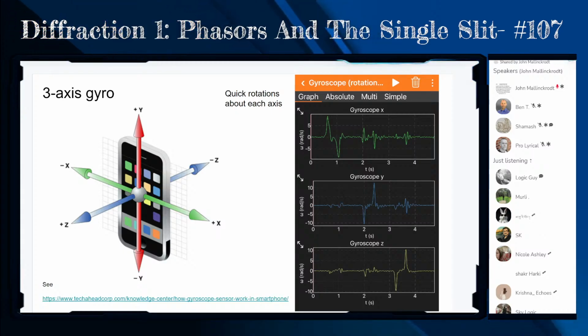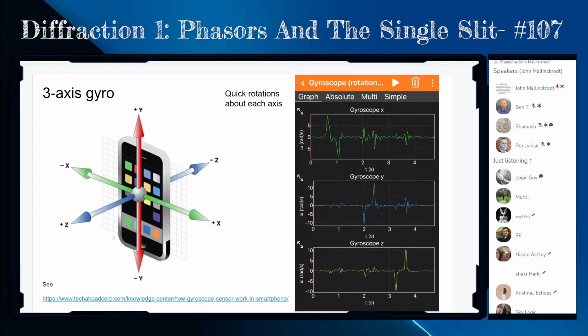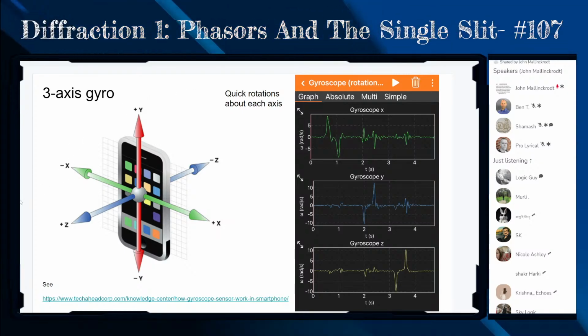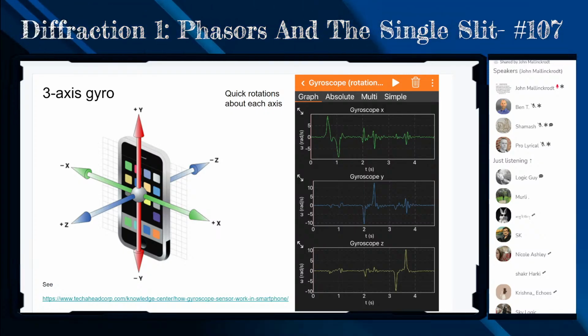You can see in the readout that's what I did, because there's a big flip in the green. The green is the x-axis. Angular velocity goes positive first and then negative as I rotate it backward. Then when I rotate it about the y-axis, it goes negative first and then positive. And when I rotated it around the z-axis a little later on, it went negative first and then positive. You see little noisy things because I can't do it perfectly with my hand when I rotate around one axis.